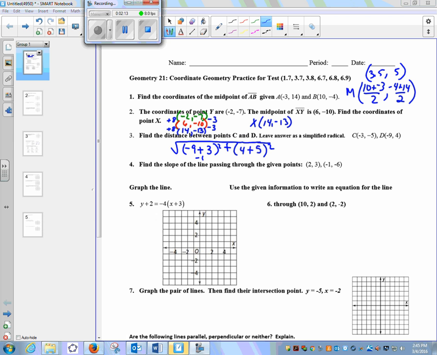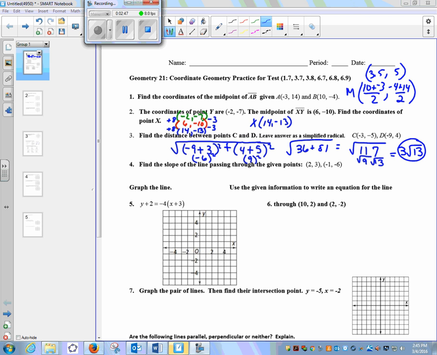Negative 9 plus 3 is negative 6 squared, and 4 plus 5 is 9 squared, so we have 36 plus 81. This is the square root of 117, which simplifies, get 9 and 13. 9 is a perfect square, goes into 117 13 times, so this is 3 root 13 as your final simplified radical.